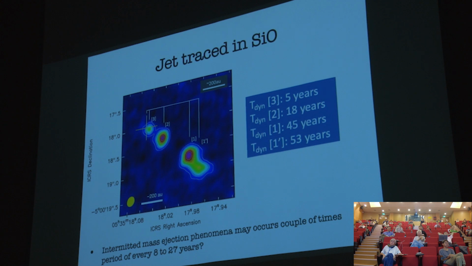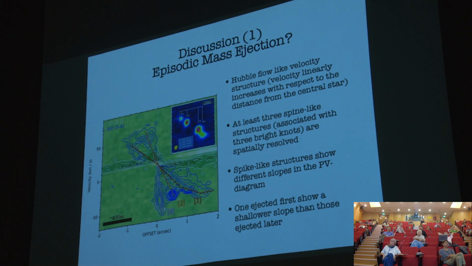This is very interesting. So I summarize what we found from the PV diagram. We found Hubble flow-like velocity structures, and within this Hubble flow, at least 3 components. These spike-like structures show different slopes, and the first one shows a shallower slope than the one ejected later.